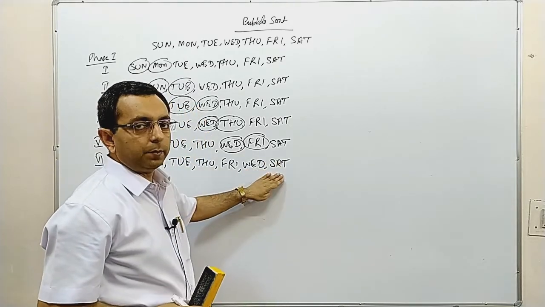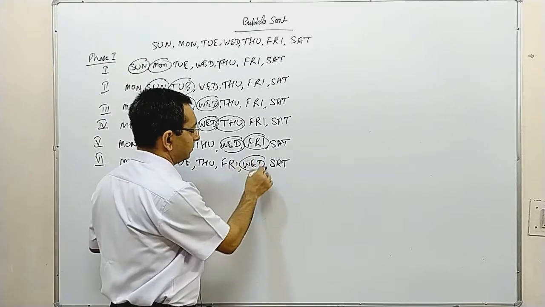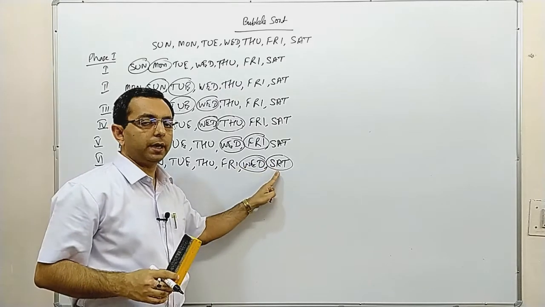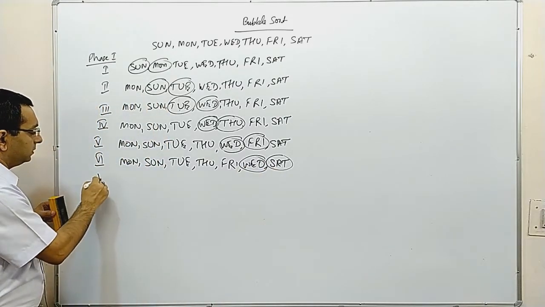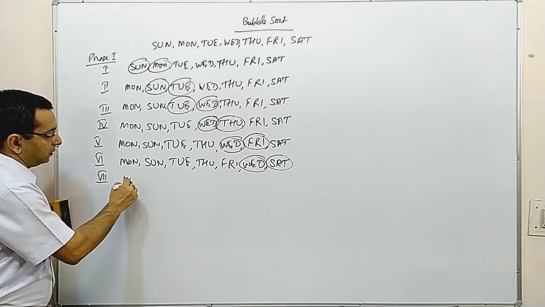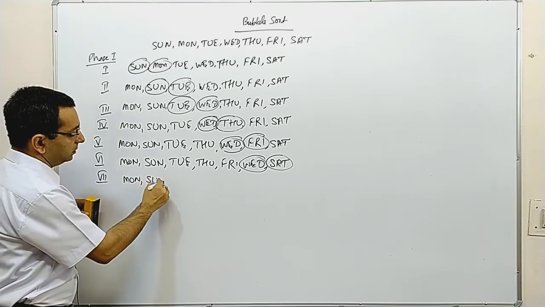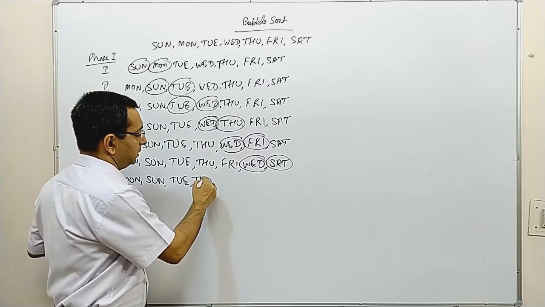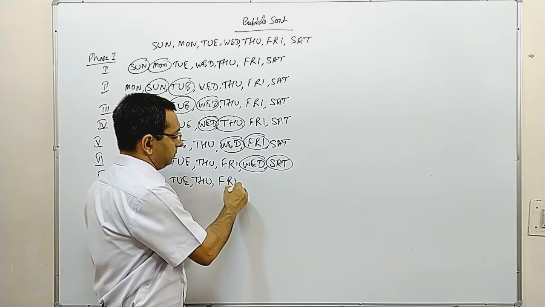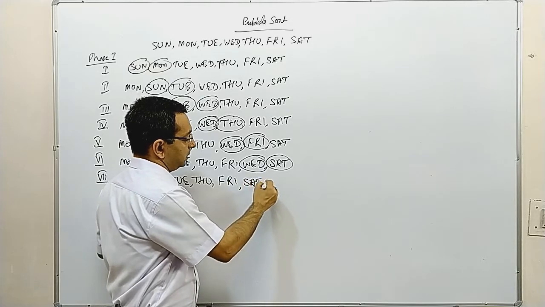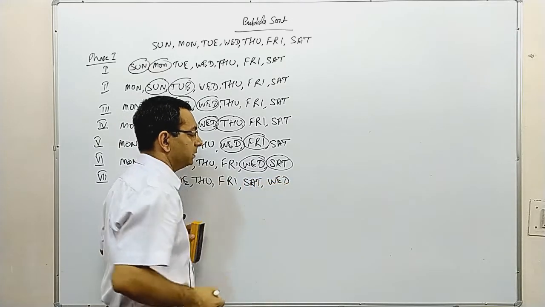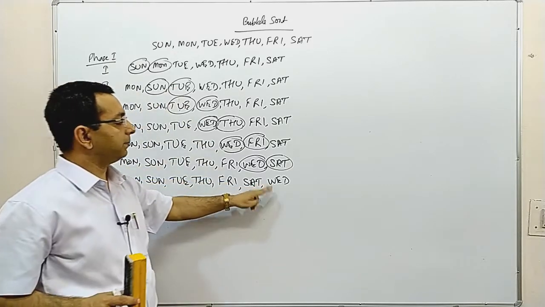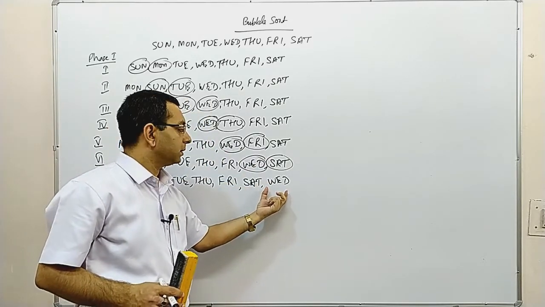Now Wednesday will be compared with Saturday. Again W comes later in comparison to S, so it will be changed. Monday, Sunday, Tuesday, Thursday, Friday, Saturday, and Wednesday. Now you can see in the series the biggest element is now at its final position.